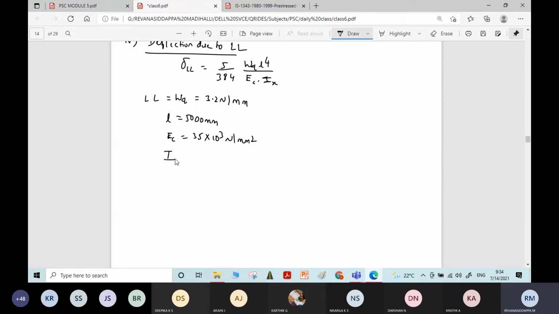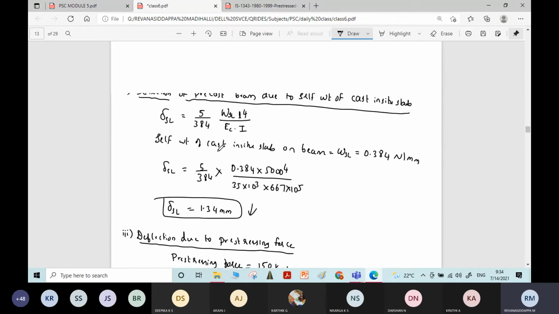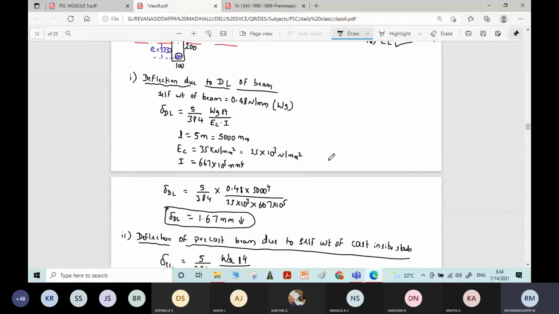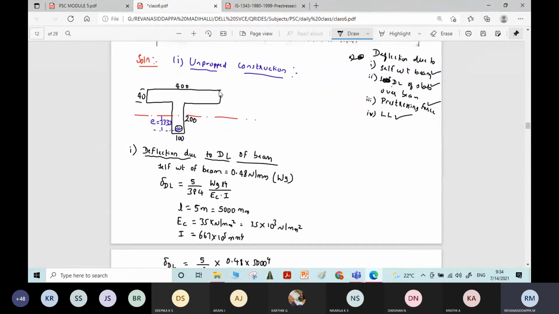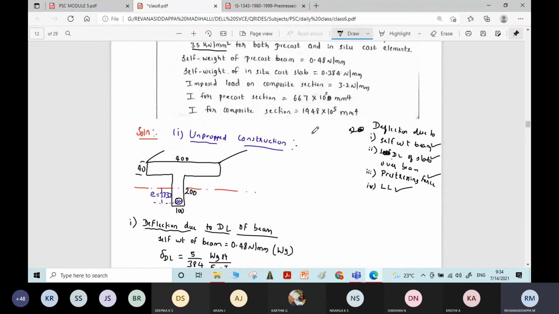Then coming to the moment of inertia, students remember, here moment of inertia of the composite section should be taken here. Okay, not the precast section.